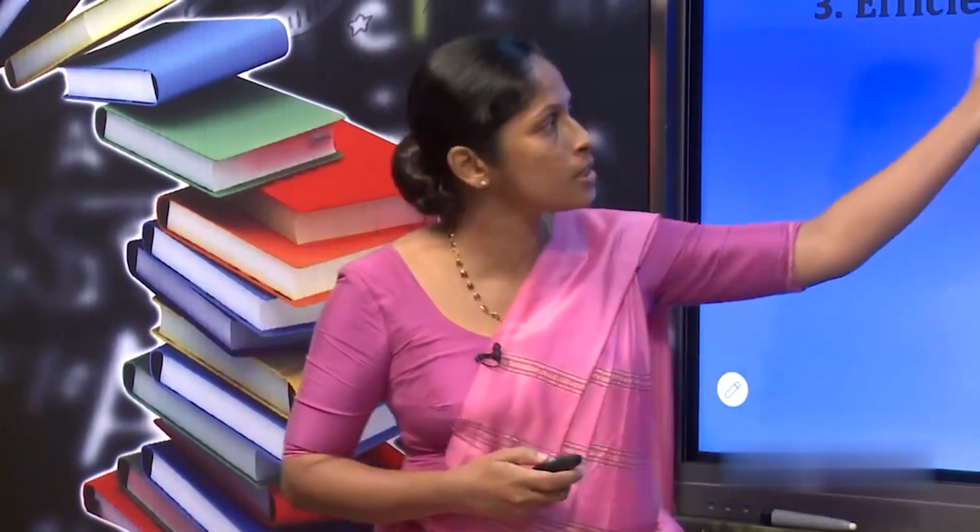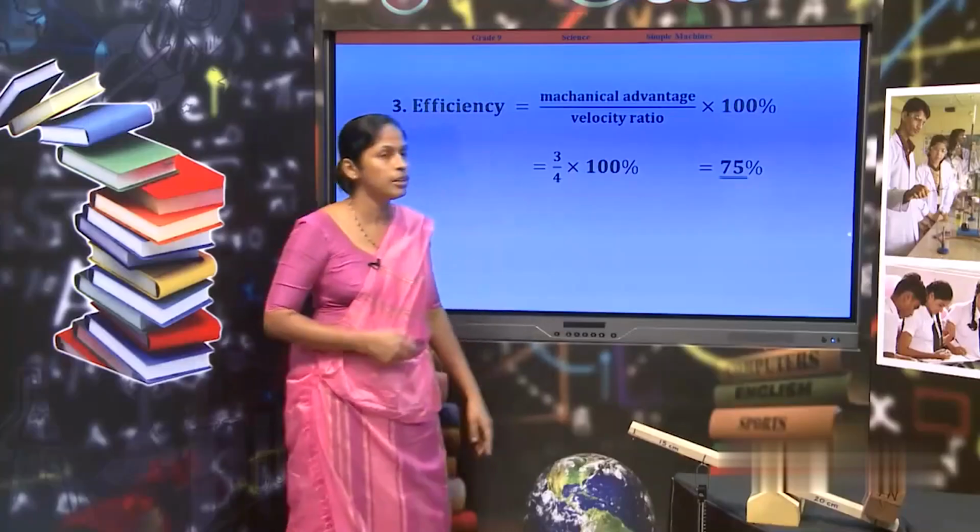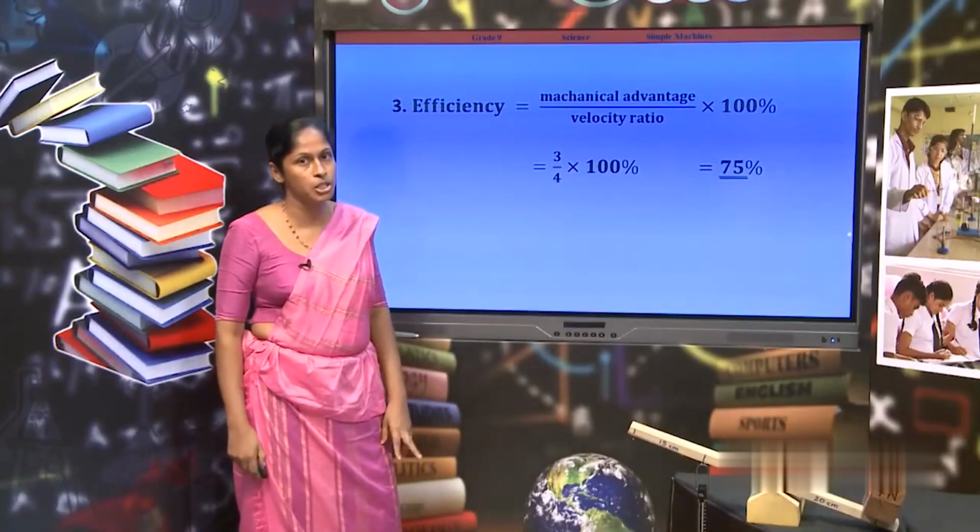So, using this equation is much easier than calculating work input and work output. Can you remember? Mechanical advantage was 3 and velocity ratio was 4, multiplied by 100 because we are calculating a percentage. Finally, we got 75. 75 percent is the efficiency of this machine.